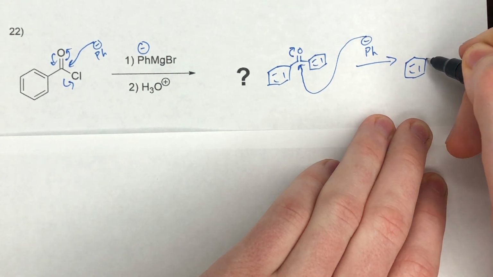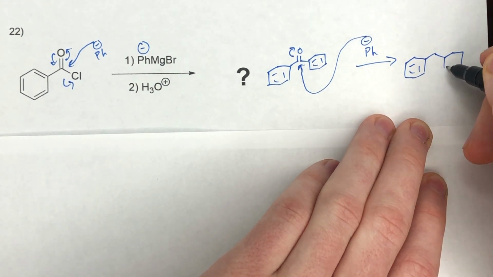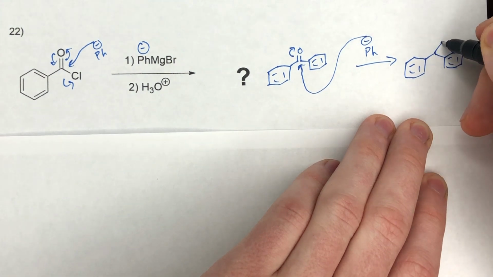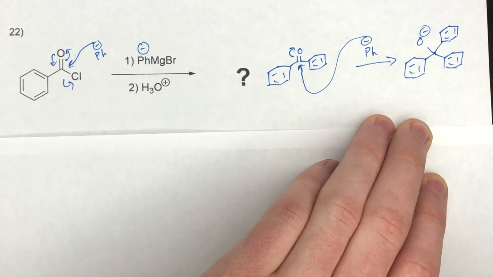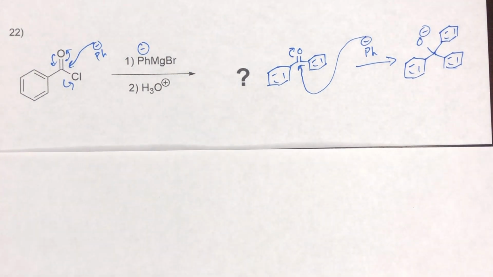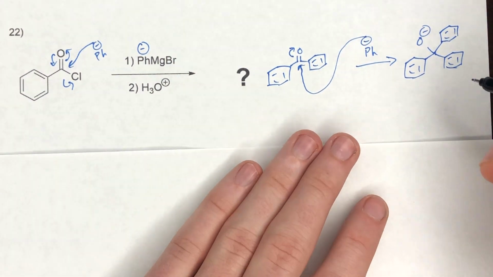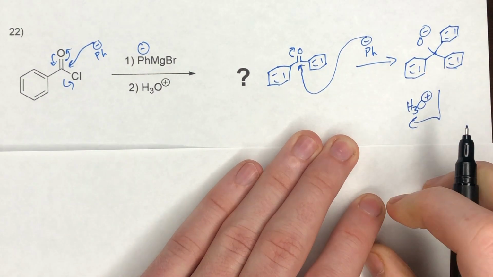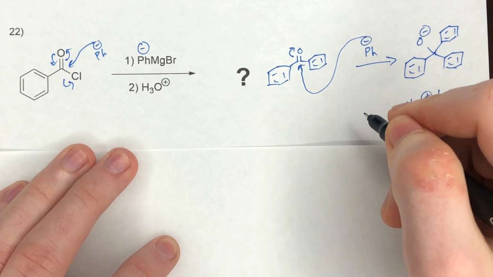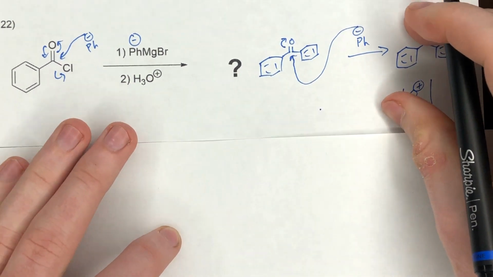You're going to get a triphenyl species, yielding this intermediate structure, and then step 2, you're just going to protonate with your acid workup. And this will now give you the triphenyl tertiary alcohol.